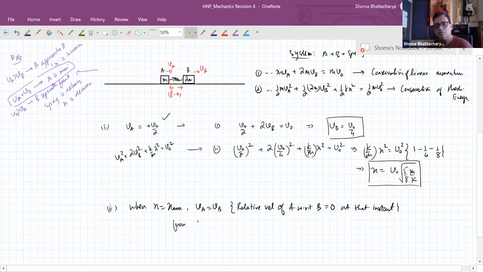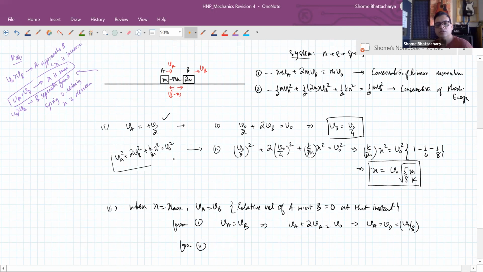From equation 1, you have VA is equal to VB, implying that VA plus 2 times VA is equal to V naught. So VA equal to VB is V naught by 3. Now substitute that in equation 2.